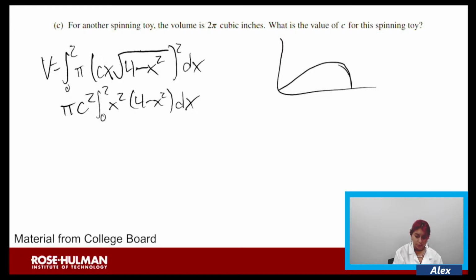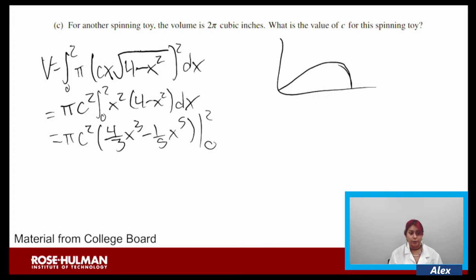Once you evaluate that integral, you should get pi times c squared times 4 over 3 x cubed minus 1 over 5 x to the 5th, evaluated from 0 to 2. Your answer then should be 64 pi times c squared over 15.